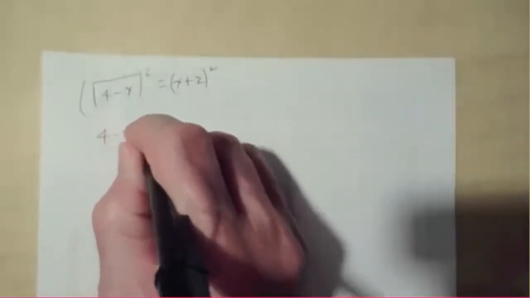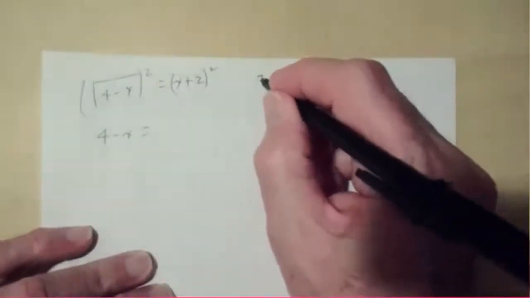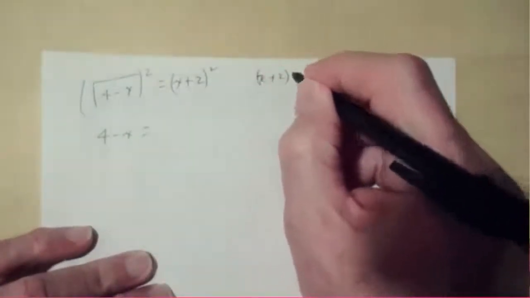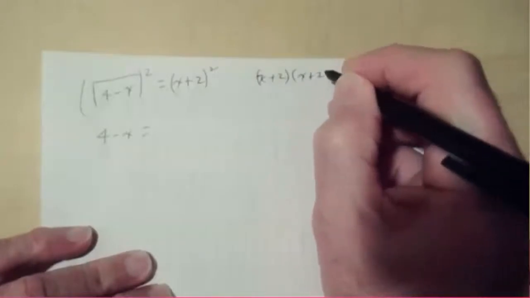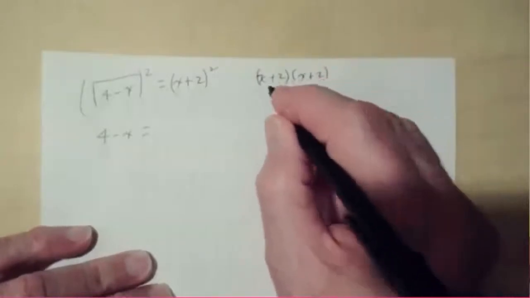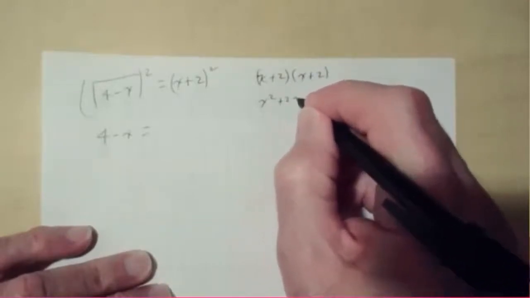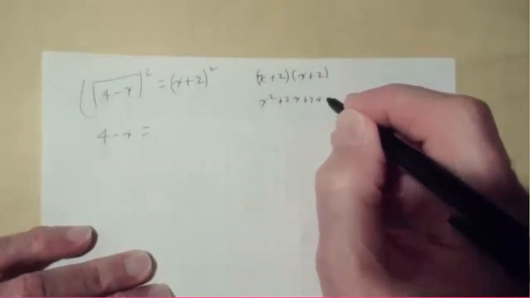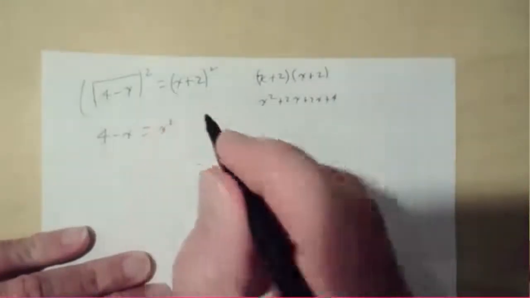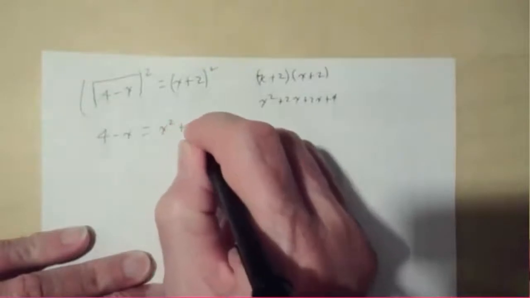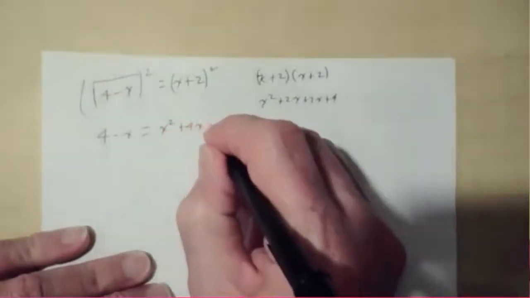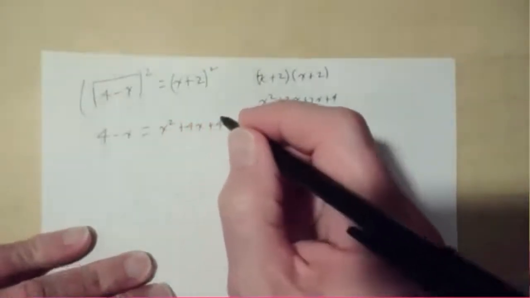The radical just goes away, so we have 4 minus x equals x plus 2 times itself, which is x squared plus 2x plus 2x plus 4. So we get x squared plus 4x plus 4.